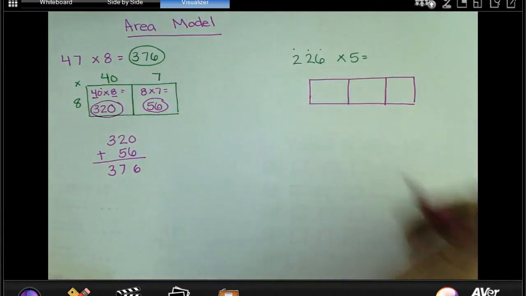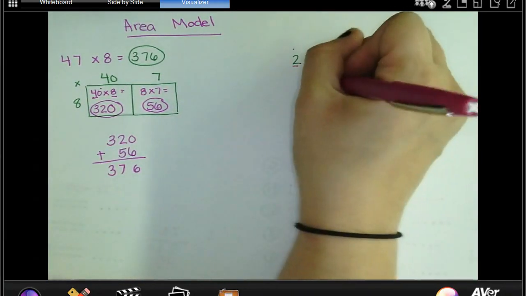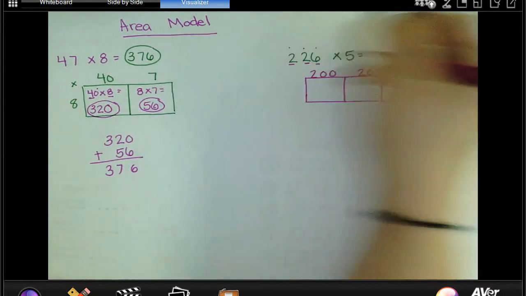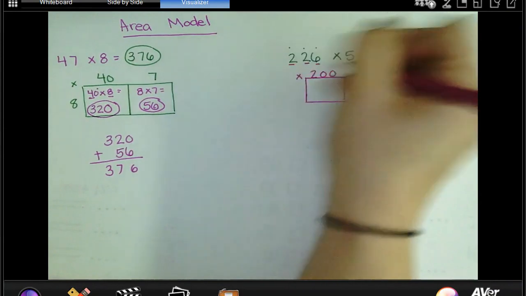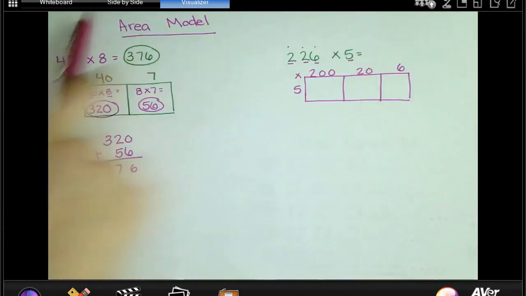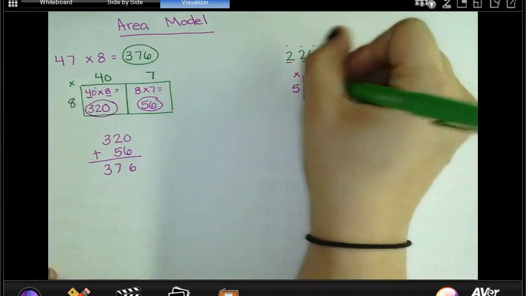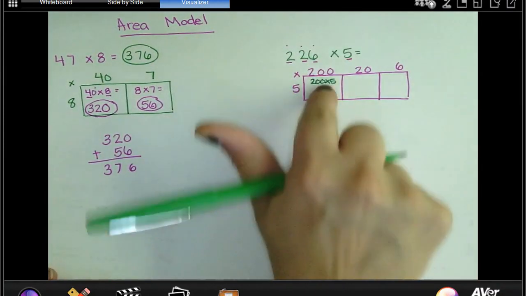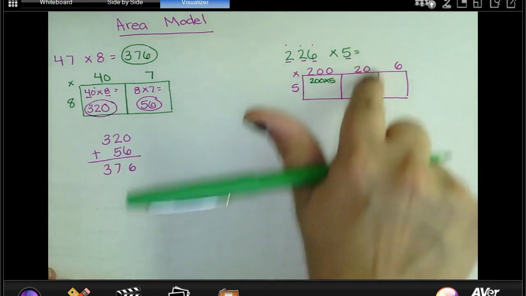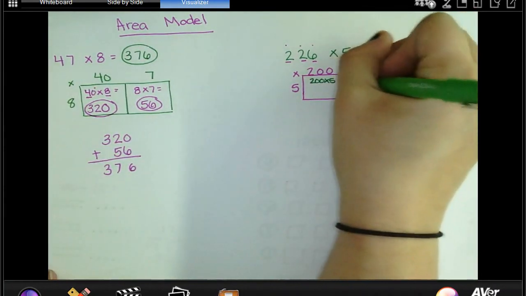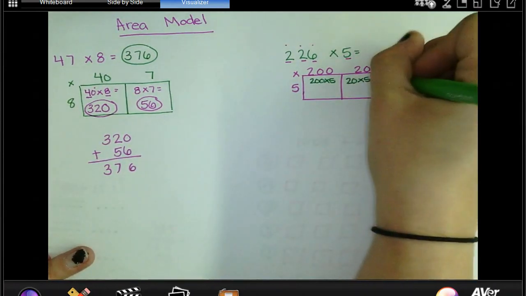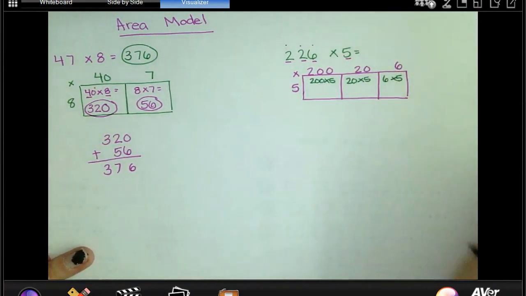So then I break it into the place value parts. 226 times 5. And inside each box, I have 200 times 5, 20 times 5, and 6 times 5.